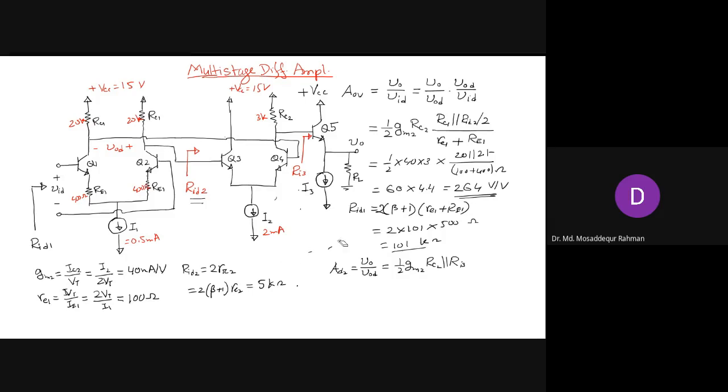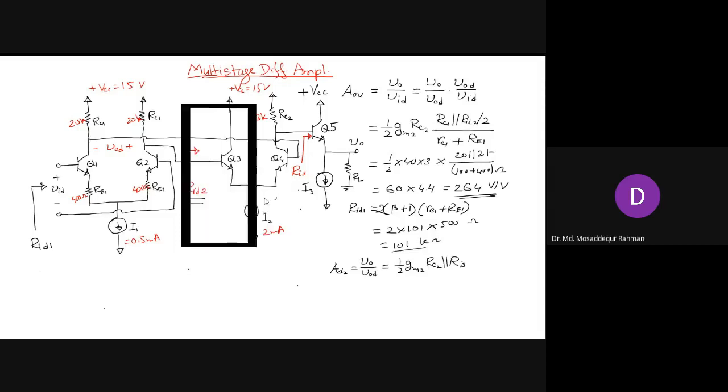In order to find the gain, we first need to determine what Ri3 is.